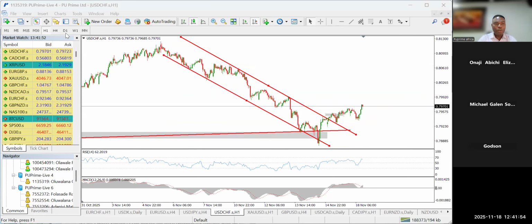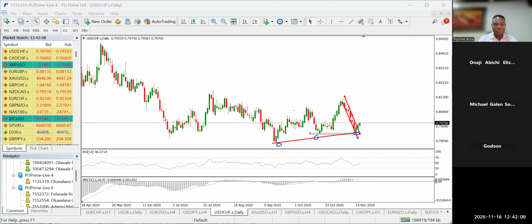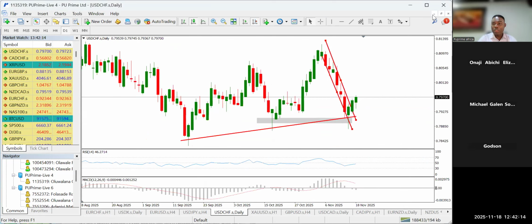That rectangle box there is a support, and there's a trend line where price is moving in the bullish direction, coupled with a rejection candle, all on the daily time frame. So we have the rejection candle here, and we can see price is going bullish as expected.